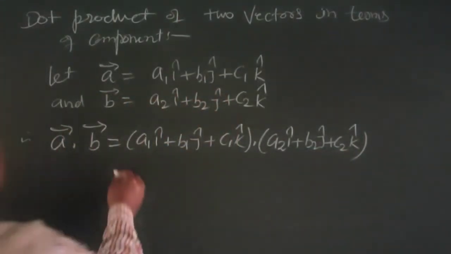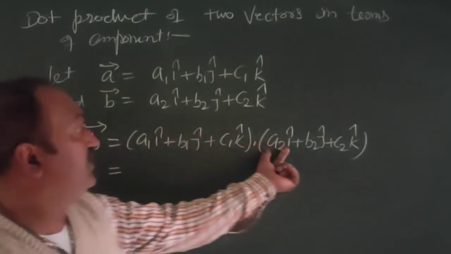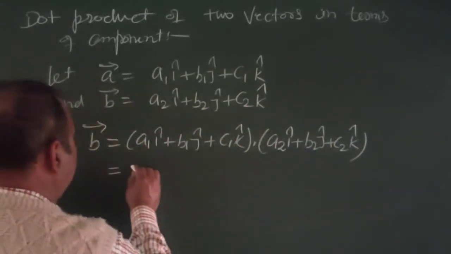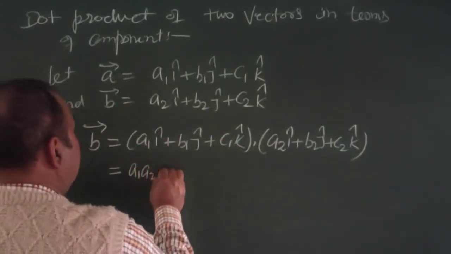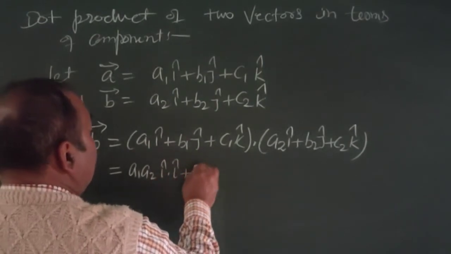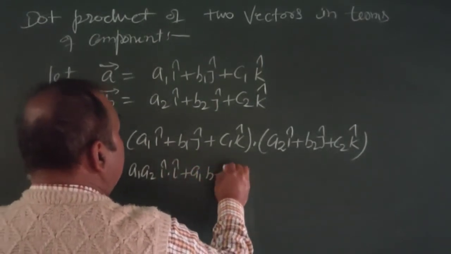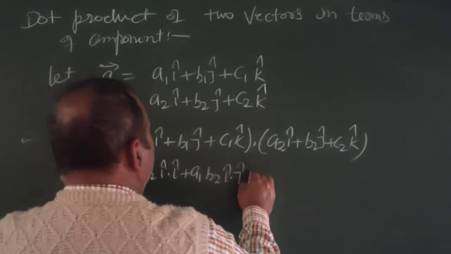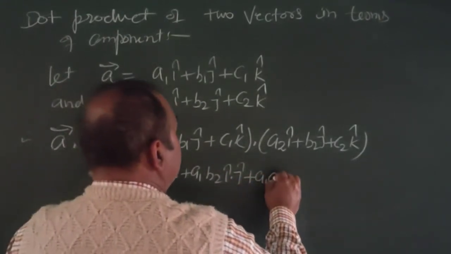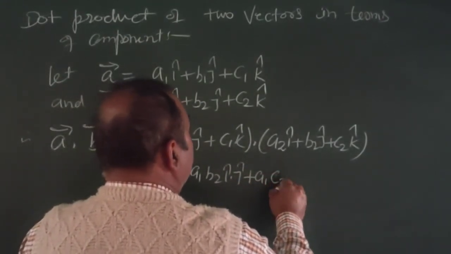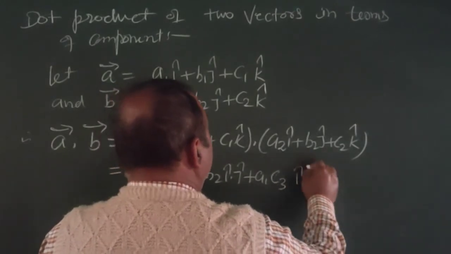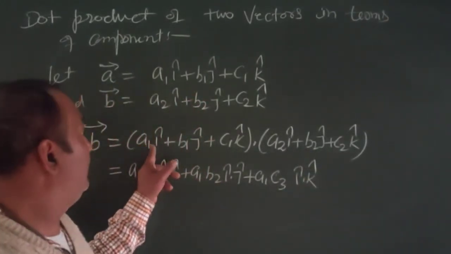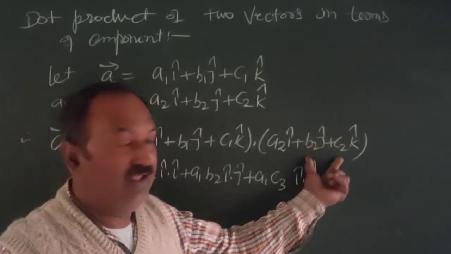So now taking the dot product of the first with these three, we get A1 A2 into I dot I plus A1 B2 into I dot J plus A1 C2 into I dot K. This is the dot product of the first with these three.